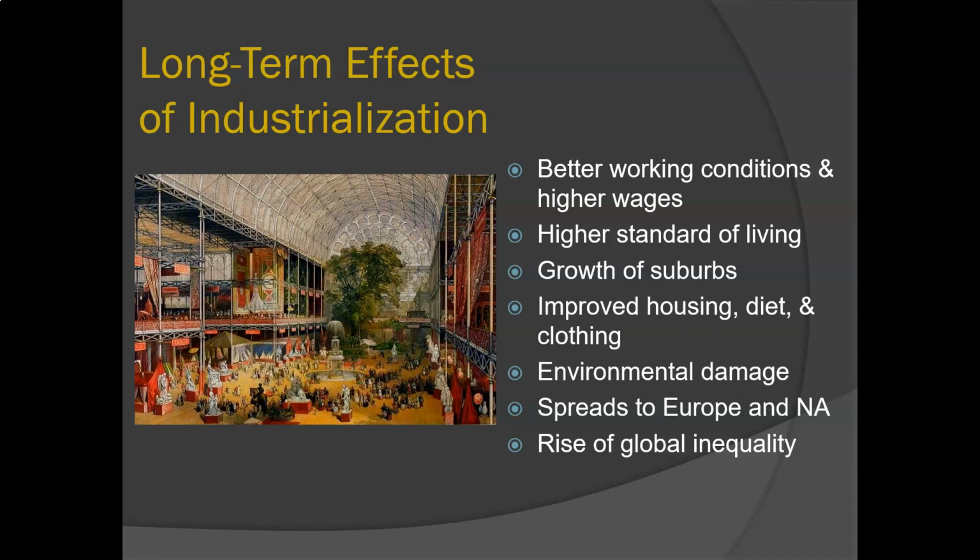And we'll talk about those areas of the world later on in this unit, and then also in future units as well. But there is a kind of rise of global inequality, where if you have an industrialized country, that country is really rather wealthy overall, and people have better lives than in places where you don't have the Industrial Revolution having taken place.